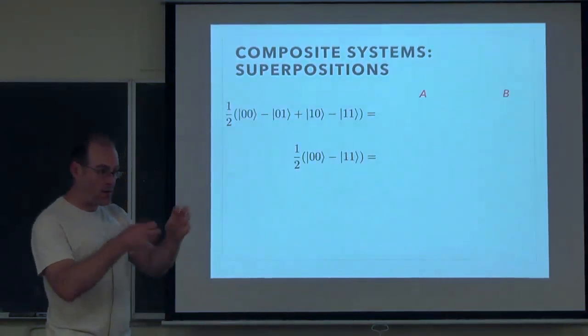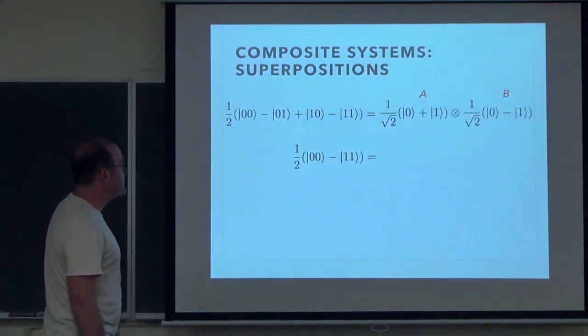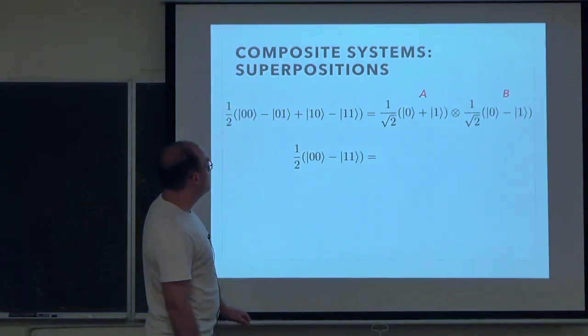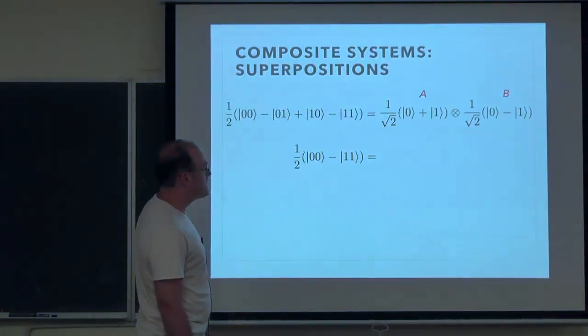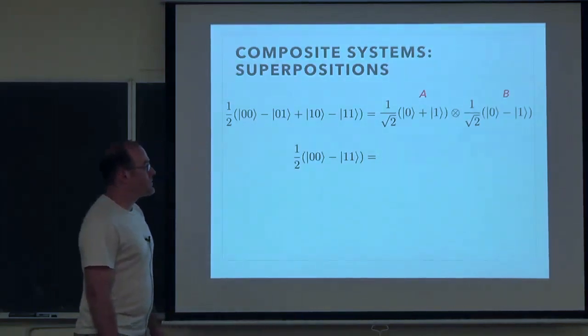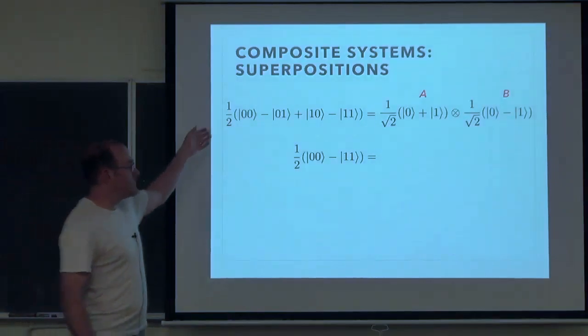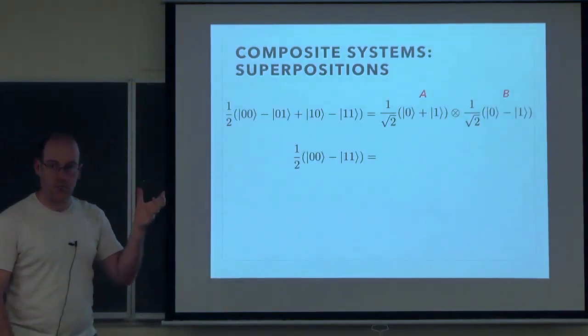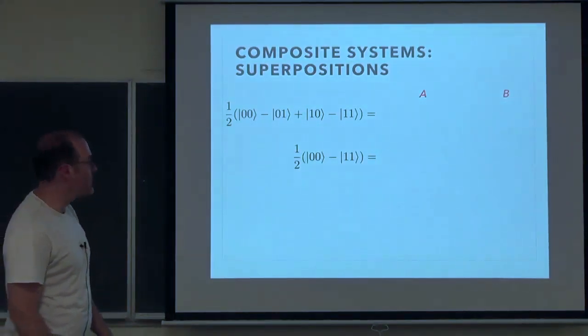So can I somehow untangle things? And you can. It's straightforward to see, just by distributing this multiplication, that these two things are equal. So this is what we think of as a factorization of this representation into the A stuff and the B stuff.